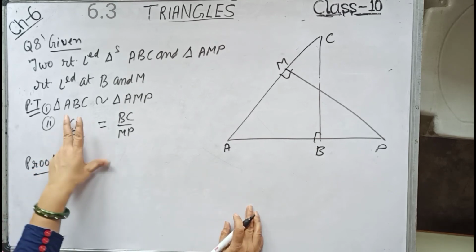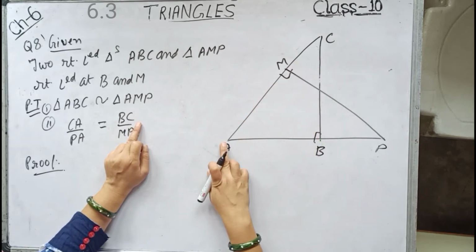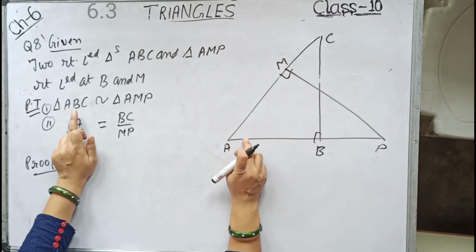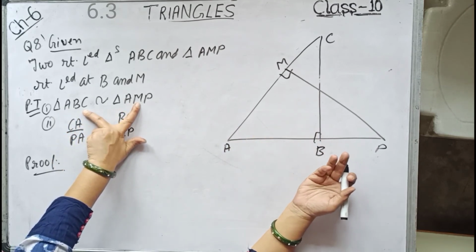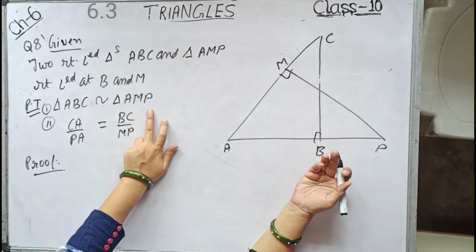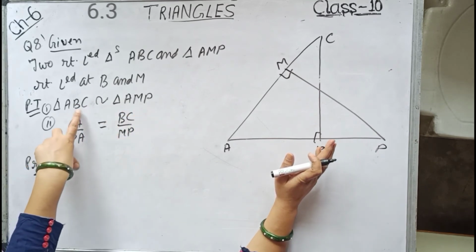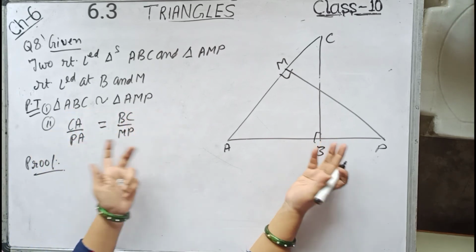Now in triangles ABC and AMP, let us see the naming. A equals A common. B and M are 90 degrees, so no need to go to the third also. So by double A they will be similar. Now when they are similar, their sides will be proportional. Obviously over here CA by PA will equal BC by MP, and hence proved.